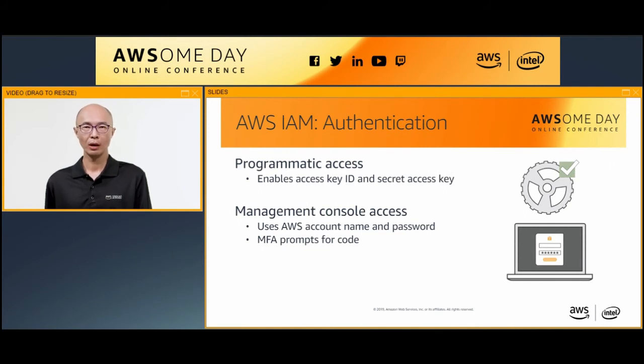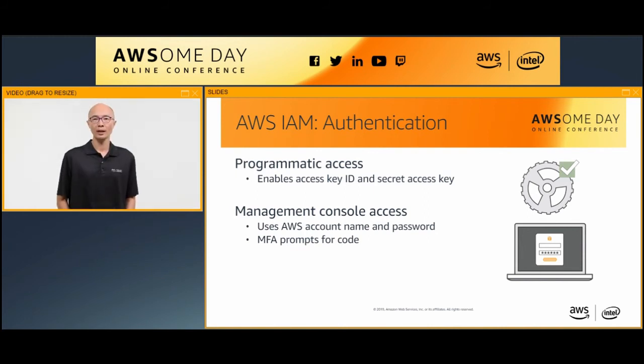When adding users, you get to select how users will access AWS. There are two different types of access you can assign users: programmatic access and AWS Management Console access. Programmatic access enables an access key ID and secret access key for the AWS API, CLI, SDK, and other development tools.